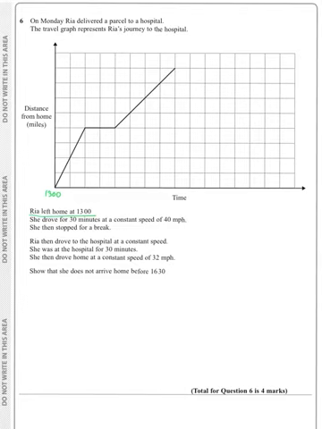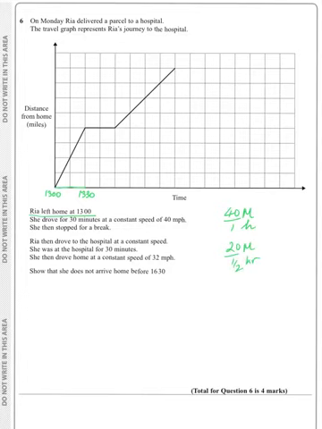So this must be 1330 here, because that represents the 30 minutes here, and a constant speed of 40 miles per hour, so that's 40 miles in 1 hour. Well, if you think about it, if we halve top and bottom, we'd get 20 miles in the half an hour required.